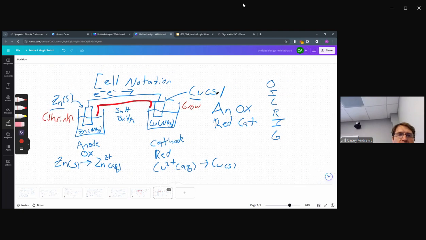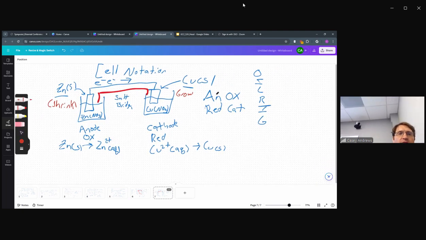But let's talk about this idea of cell notation, which was our topic for this slide. Cell notation is basically how to write this picture in words. Because if I'm writing a paper, I can't draw this in a sentence, right?